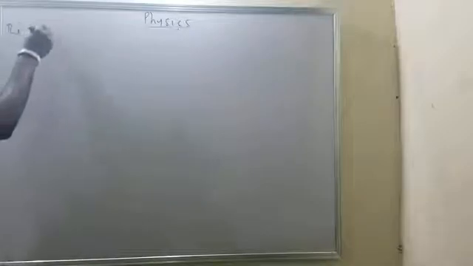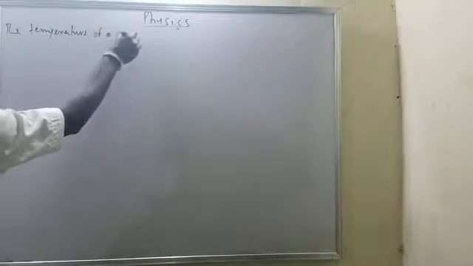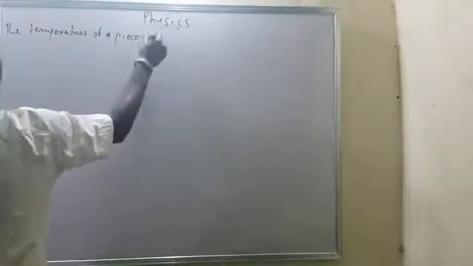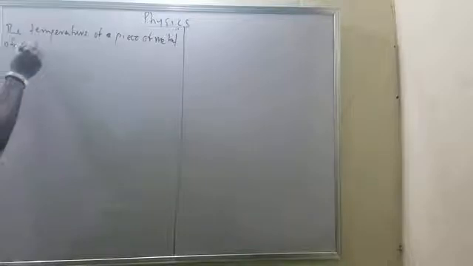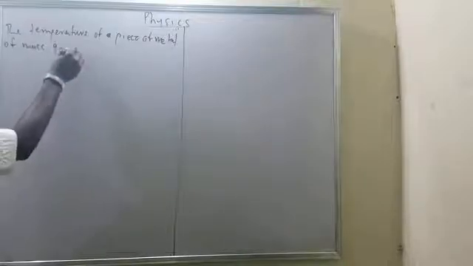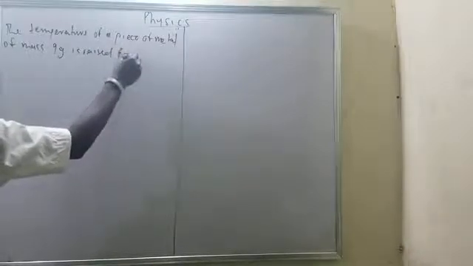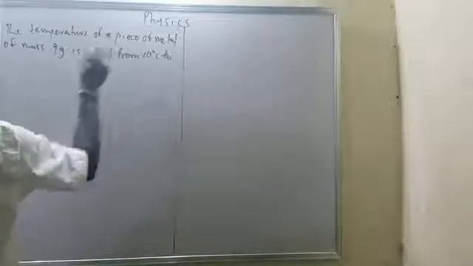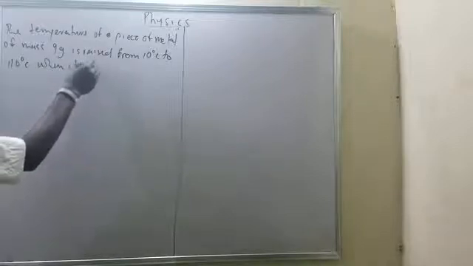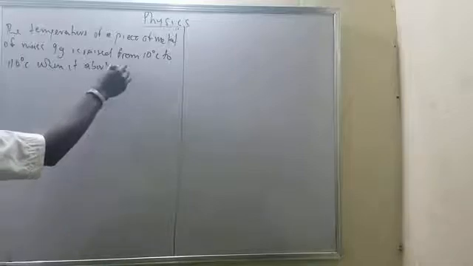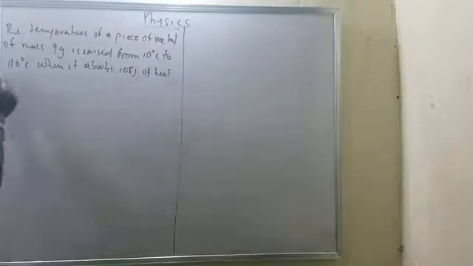The temperature of a piece of metal of mass 9 gram is raised from 10 degrees Celsius to 110 degrees Celsius when it absorbs 108 joule of its energy.